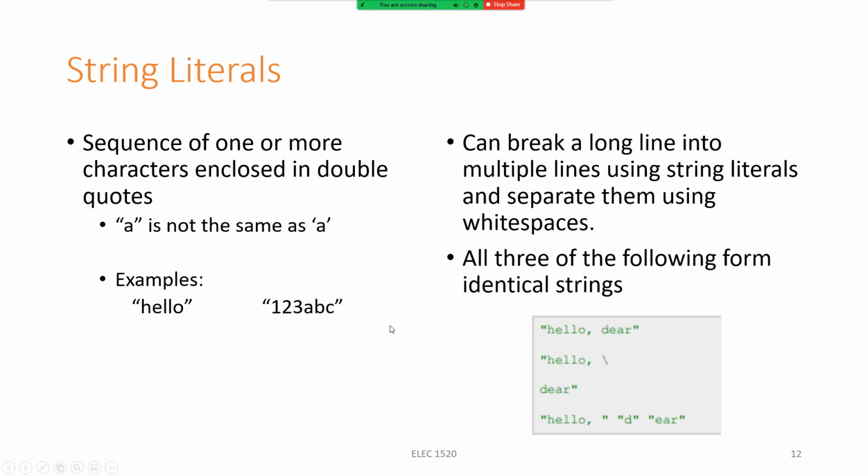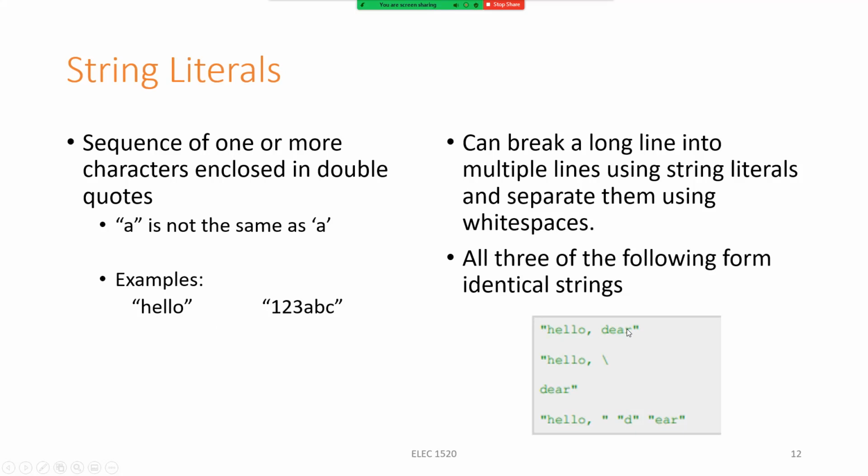These are string literals. Sometimes we find it useful to break things across multiple lines using string literals and separating them. Here's a way you can do this. Here's one string literal, hello, comma, space, dear, all in one string.